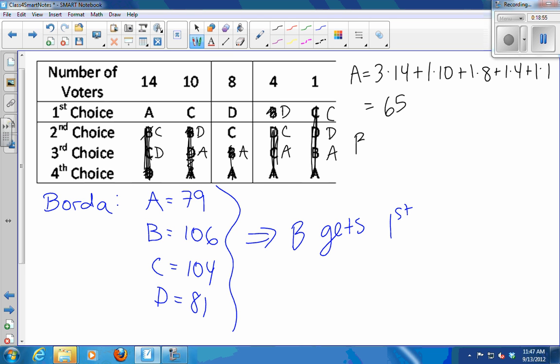Good. And B gets, somebody have the total? 85. And C gets, yeah, D, sorry. There was no B. C got 85 and D got 72. So that means that C wins the election for second place. So C gets second.